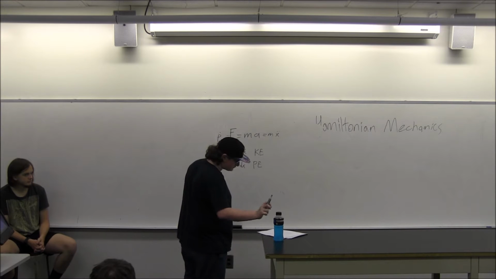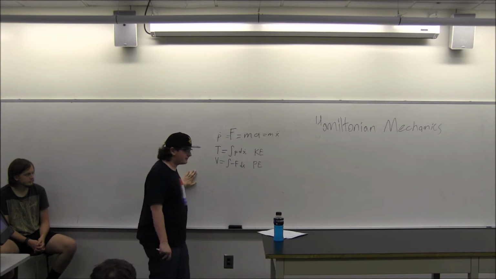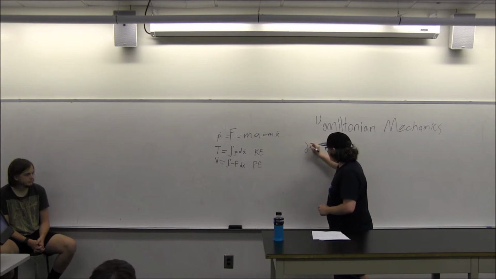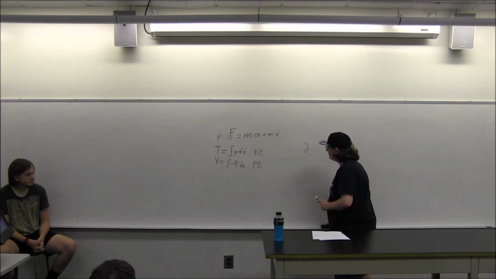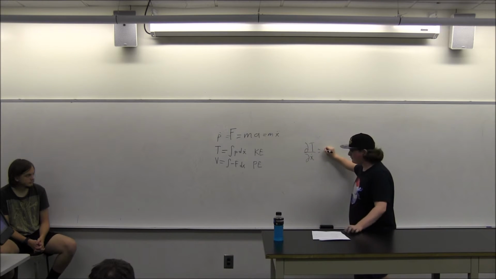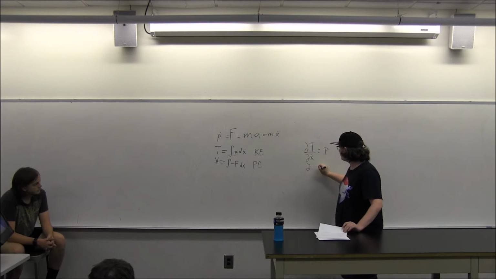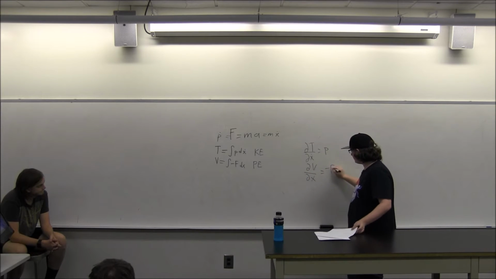So from these definitions, we can get a couple nice properties really quickly. You can get that the partial derivative of T with respect to our velocity is our momentum. We can get that the partial derivative of our potential energy with respect to position is negative force.